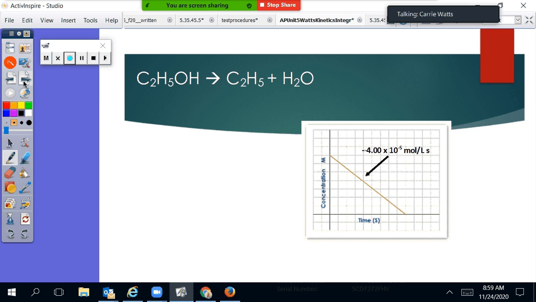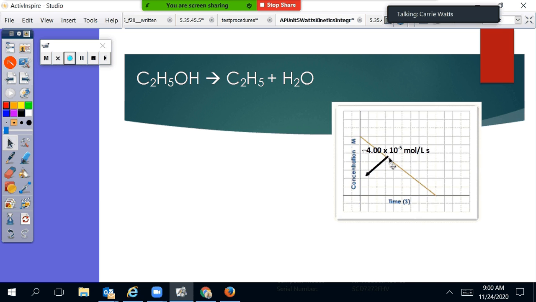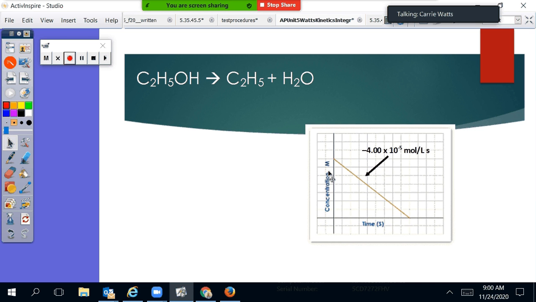Okay, so let's take a look at this problem. Here is a plot showing if we plotted concentration and time, and our slope.